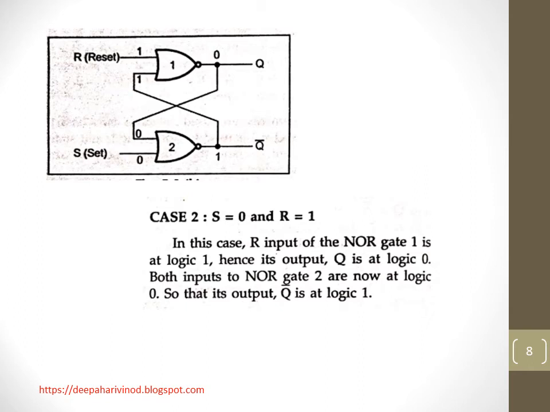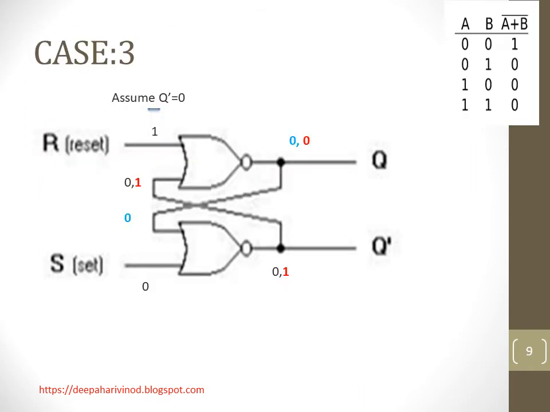So, let us analyze this deeply. Here we can see, let me assume Q bar as 0. First it is assumed as 0. So, that 0 goes here, and in this case S is 0 and R is 1. In this case, R equal to 1 and S equal to 0, we are analyzing for Q bar equal to 0.